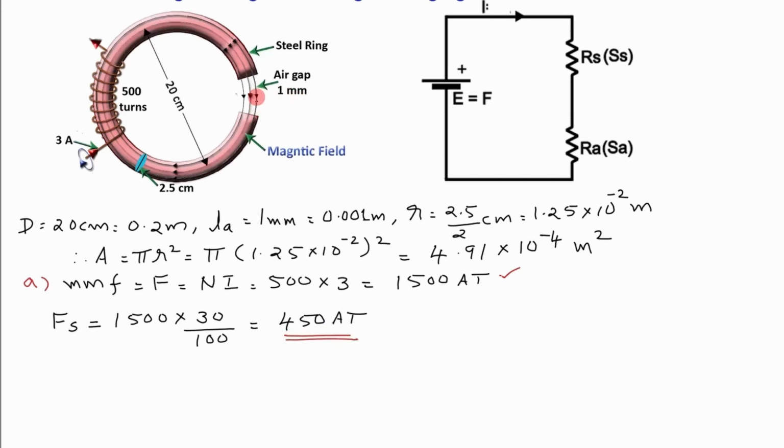So, magnetic motive force of air gap is Fa is equal to 1500 into balance 70%, that is 70 by 100, which gives 1050 ampere turns.